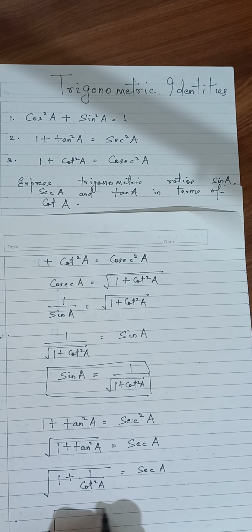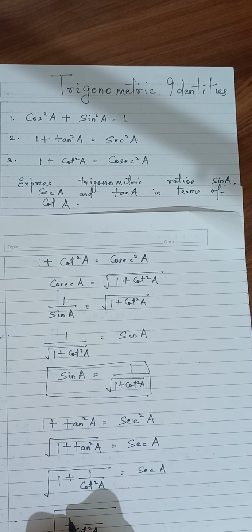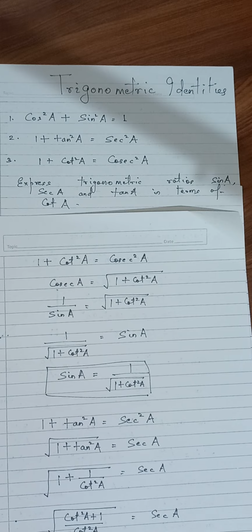Now we'll solve it. We have to take the LCM first, that is cot square A, and this will become cot square A plus 1. So that is equal to sec A. Now just transpose these two values to both sides.